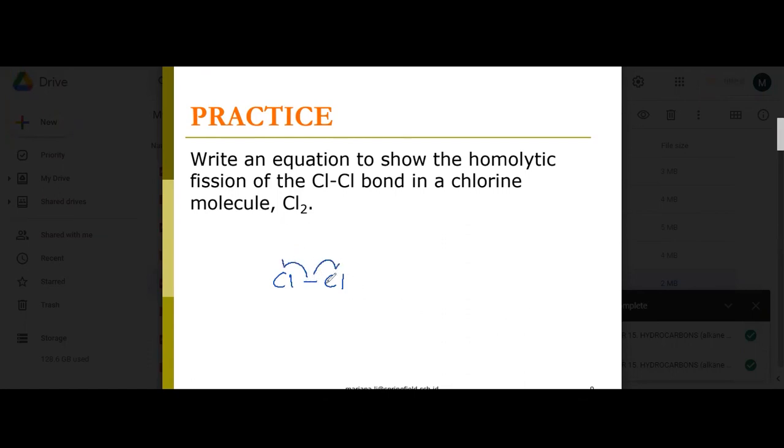Okay, from the line, this is the covalent bond to the Cl atom. Yeah, 2 Cl with 1 dot. Yeah, this is a free radical. Okay, are you correct? Okay, don't forget to write the UV sign here.